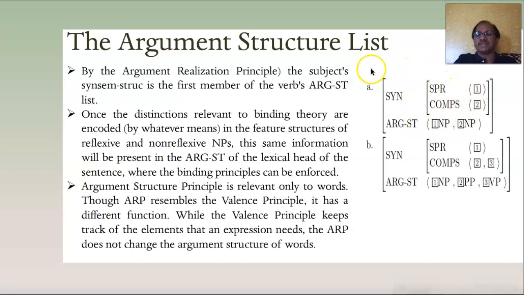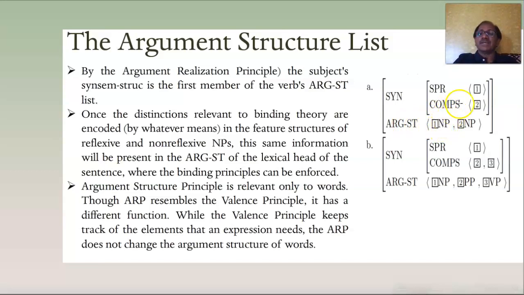Specifier is the subject and comps are the objects. When we say specifier is the subject, the subject's synsem structure is the same as the synsem structure of the specifier of the verb, and the synsem structure of the specifier is again co-indexed with the first element on the argument structure.